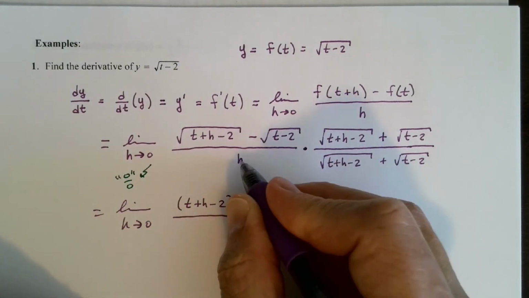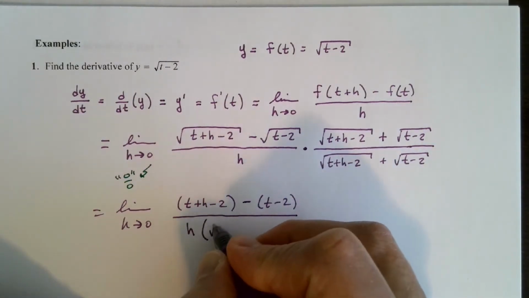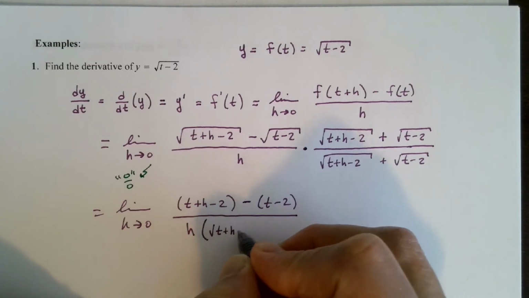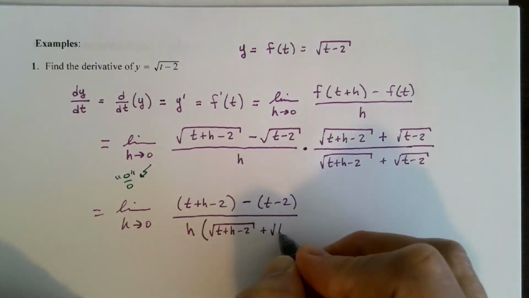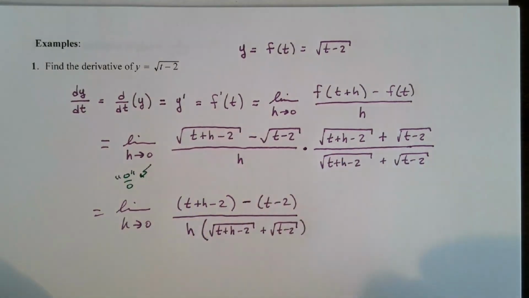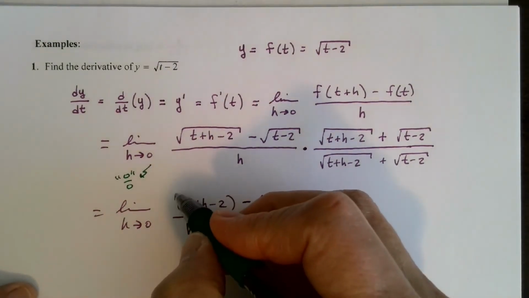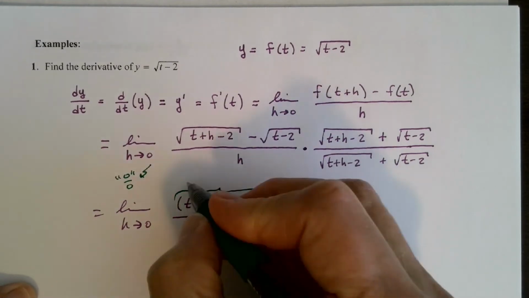Now on the bottom I've got h times all this stuff. I'm going to leave that factored, so I need a parentheses around this part. I'm not going to distribute the h through. But let's talk about, can we simplify this thing up top here? Yeah, just distribute that negative sign.